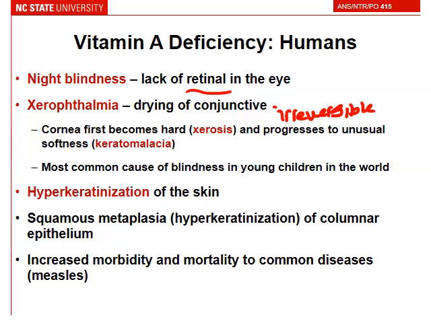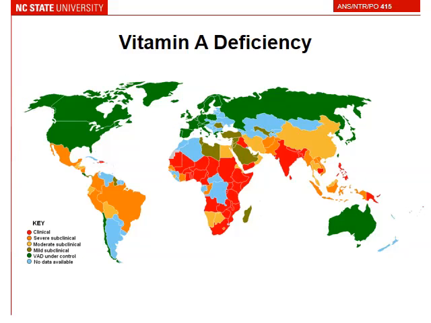So here's a map of the world and where we have the most common deficiencies, and vitamin A is by far the most deficient throughout the world. We don't think of it here in the U.S. because you can see we have very mild vitamin A deficiency. Very rarely are we going to see any vitamin A deficiency in individuals.